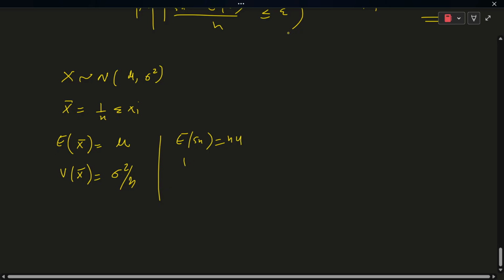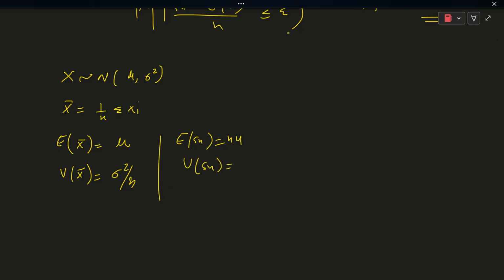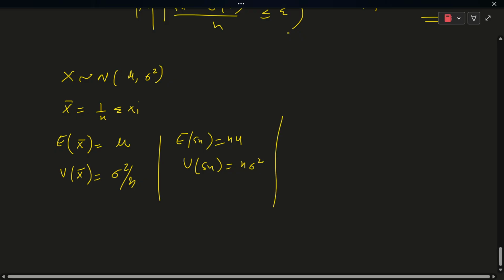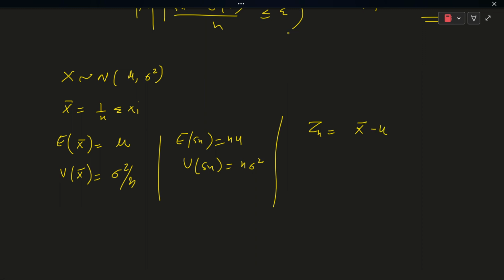That is n mu. Variance of Sn? That's n sigma square. Then Zn, that is equal to x bar minus mu upon under root of sigma square upon n, will follow normal 0 comma 1. So we say Zn will converge in distribution to Z.